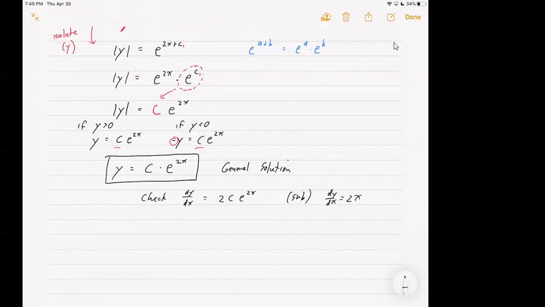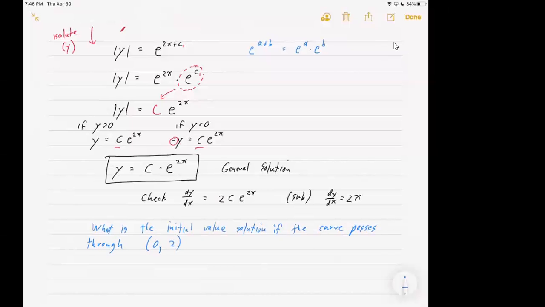Okay. What we want to look at now is what about the specific solution or the initial value solution. What is the initial value solution if the curve passes through, let's just say, 0, 2?